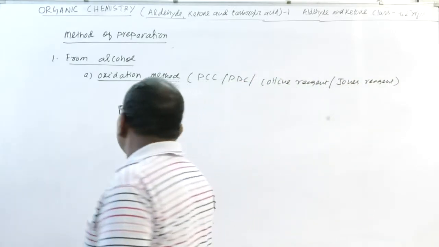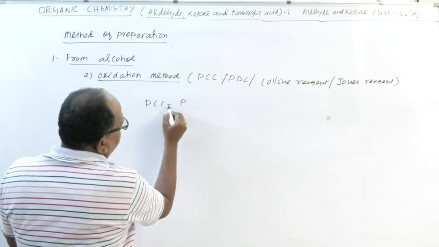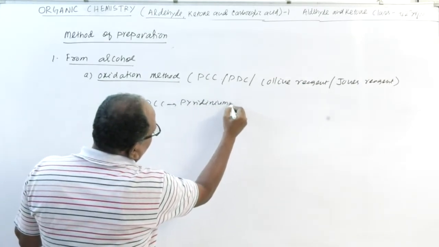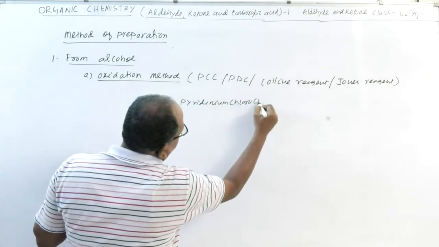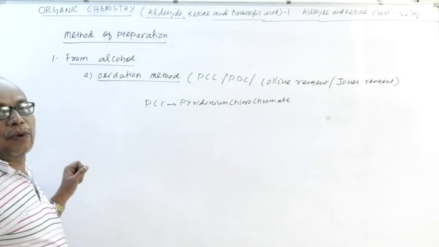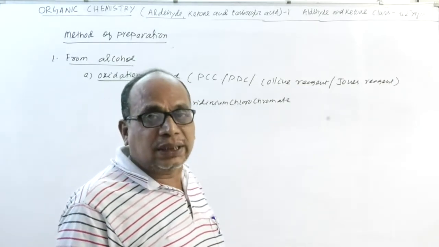What is PCC? PCC means pyridinium chlorochromate. Mind you, these are all compounds of oxides of chromium having oxidation state +6.